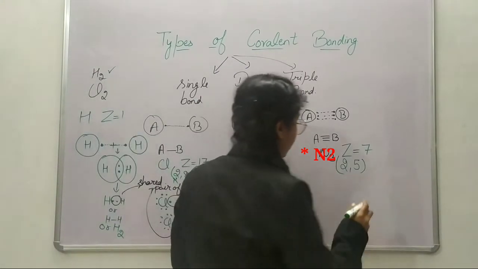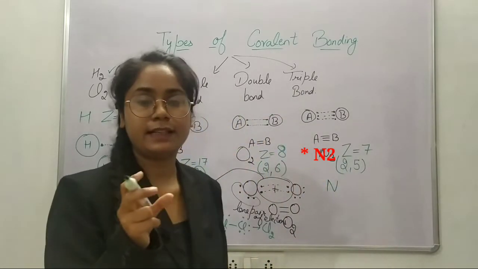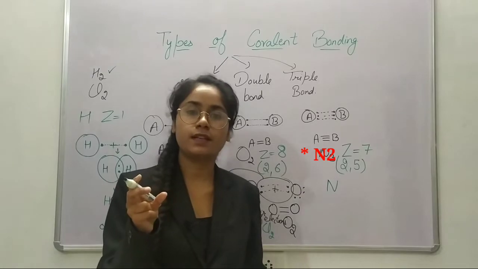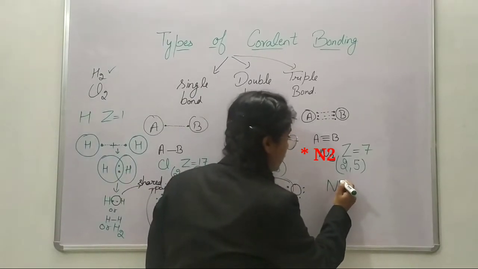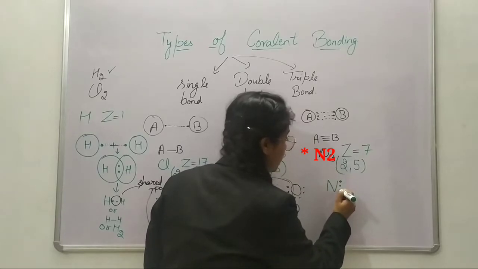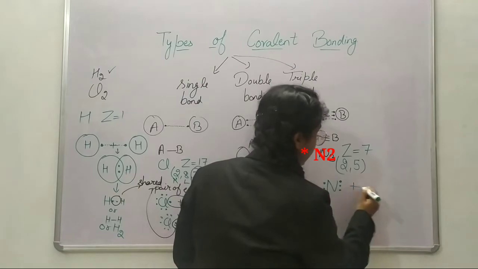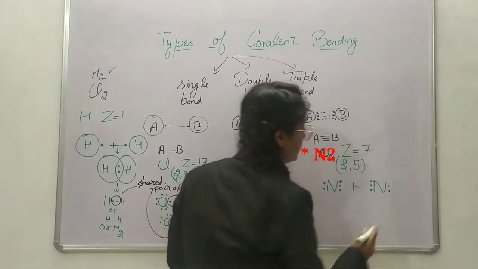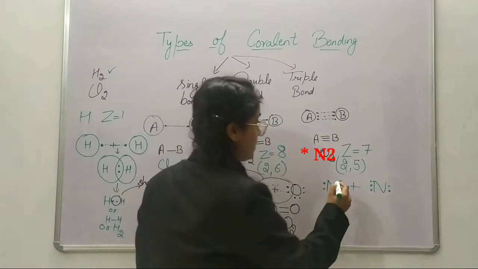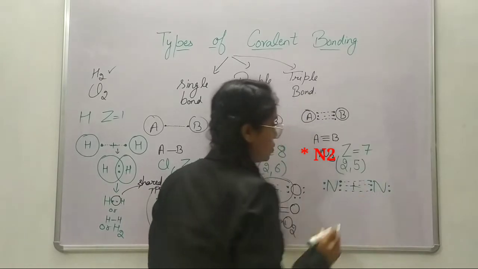So we will write for nitrogen as, since 3 electrons are needed, what is the valency of nitrogen? 3. So we will share 3 electrons here, 1, 2, 3, and the other 2 will be left here. The other nitrogen is here, 1, 2, 3, and the leftovers are here. So these 3 electrons would form a bond with each other.